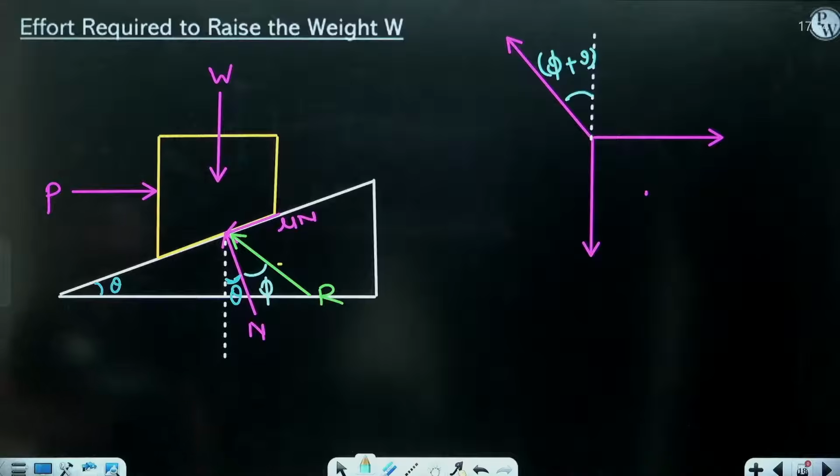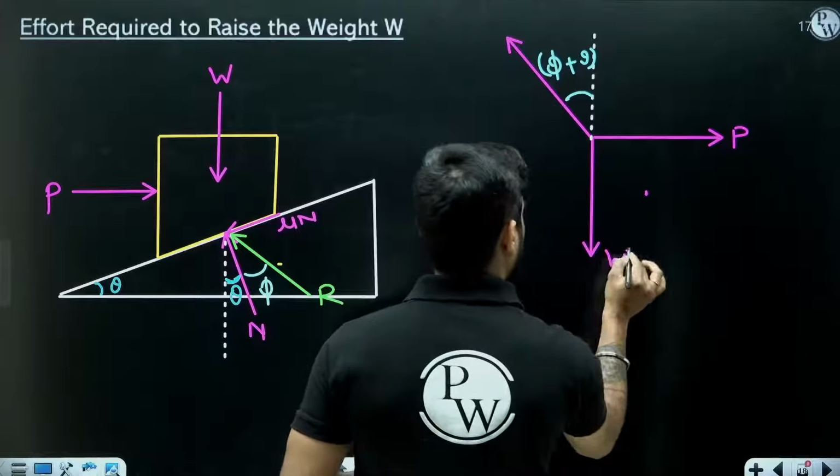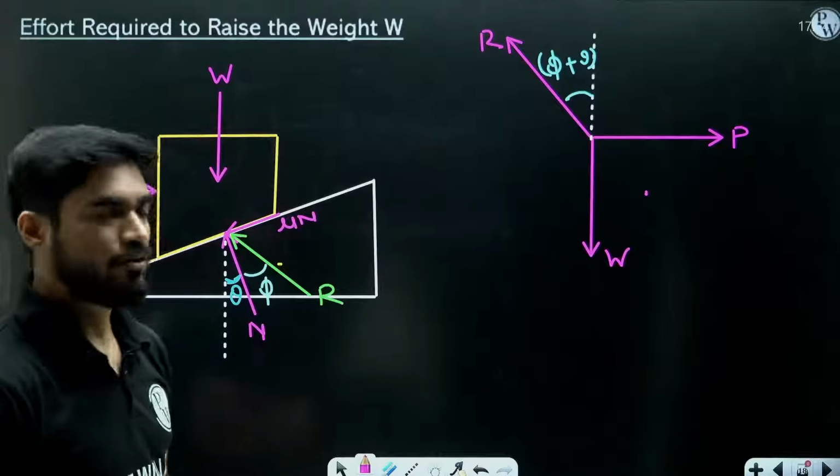So now you can apply Lami's theorem here. This is P, this is W, this is R. So if you apply Lami's theorem, what are you going to get?